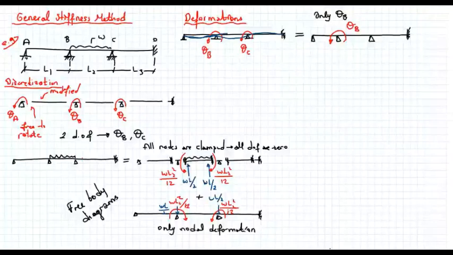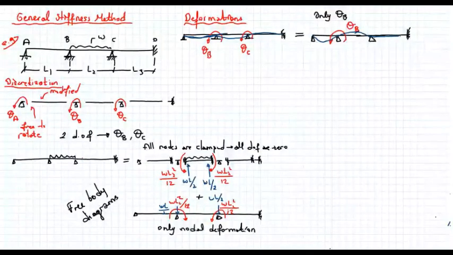And due to that theta b, I see a deformed shape like this. But when I say only theta b, I have to make the rotation at c equal to 0. So let's redraw it one more time. So I got the effect of theta b only, so the rest of the deformations are all equal to 0.